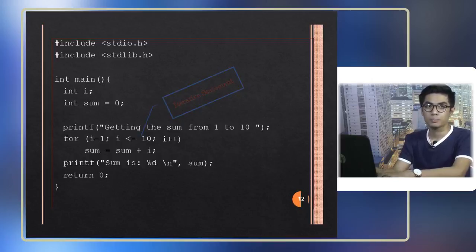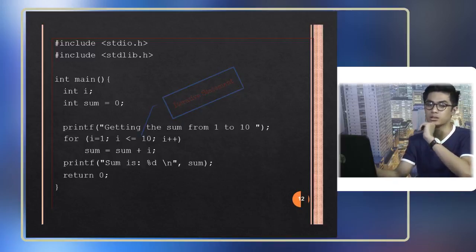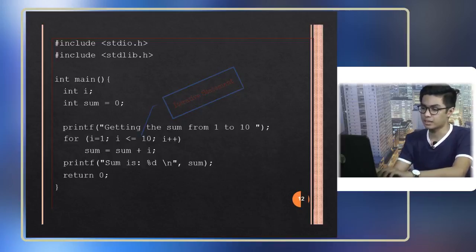Then let's print f. What I want our program to do is to print the sum of numbers 1 to 10. So let me type, this will compute for the sum of numbers 1 to 10.